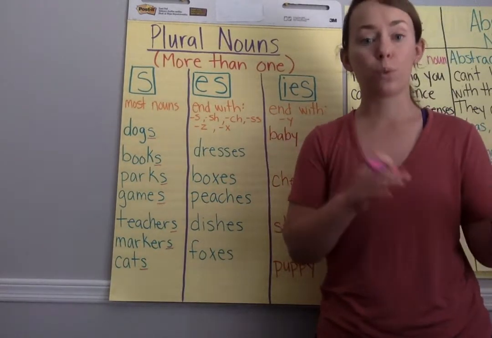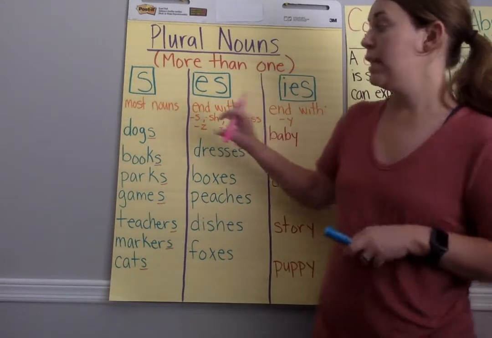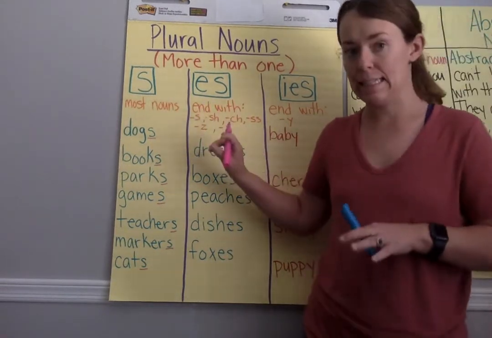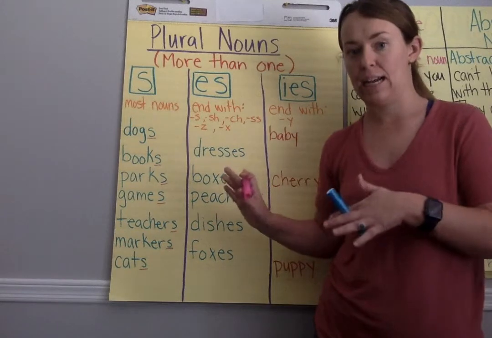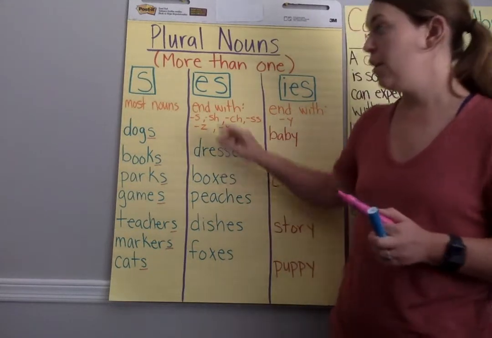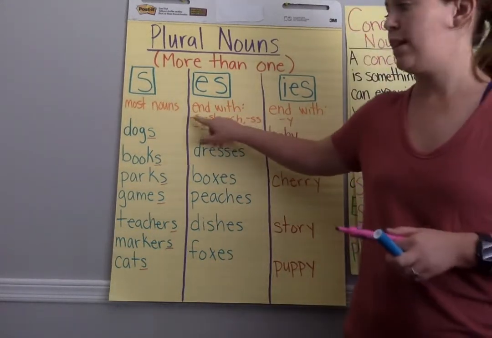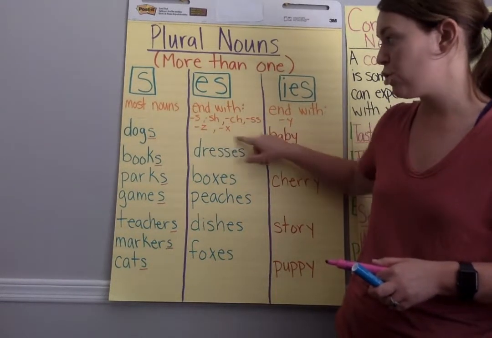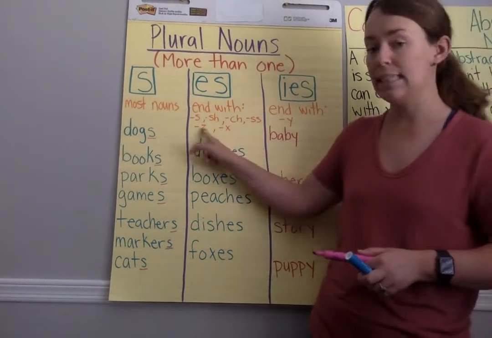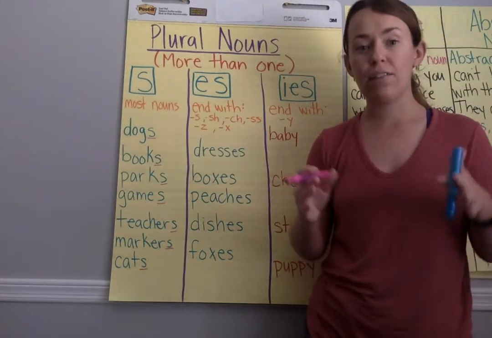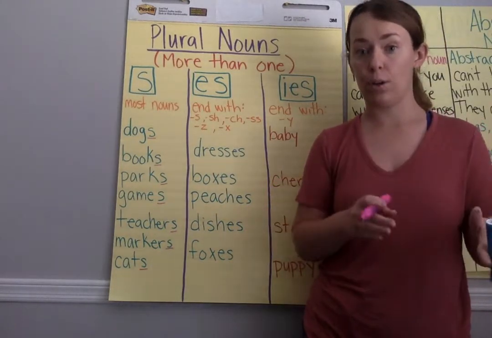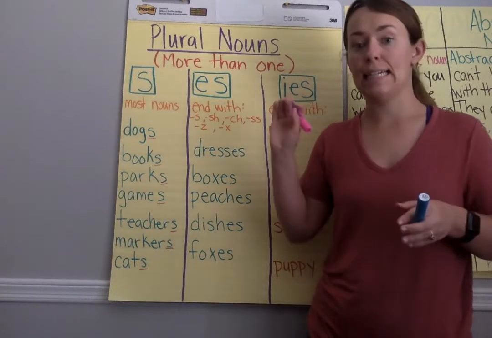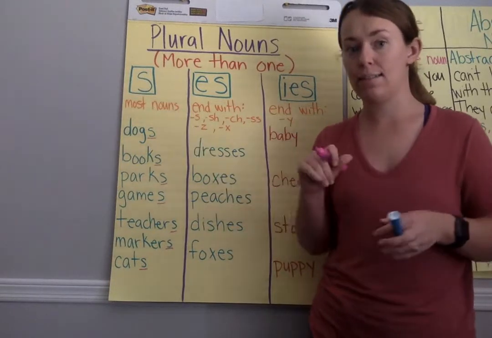Now there's a few rules. The first rule is whenever a noun ends in a certain letter, we're going to have to add an ES instead. So whenever the noun ends with an S, an SH, a CH, SS, Z, or X. If you ever have a noun that ends in any of those, you're going to have to add an ES instead of just an S, okay?